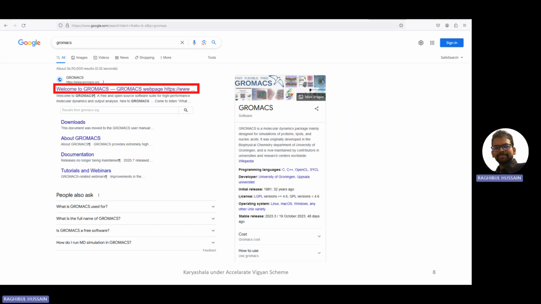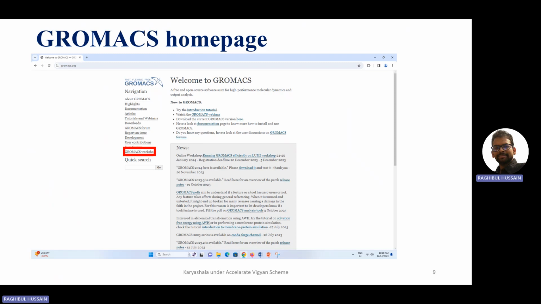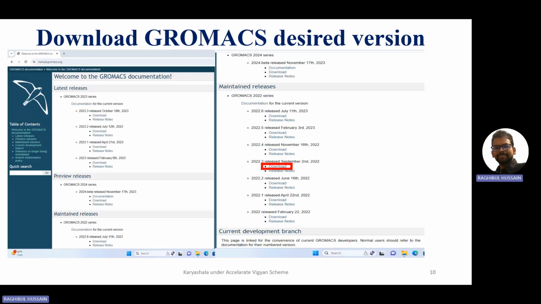Installation. In Google, if you search for GROMACS, you will get the first website link. When you click there, you get a welcome to GROMACS and several other useful pieces of information. Then you get your desired version from the download section.